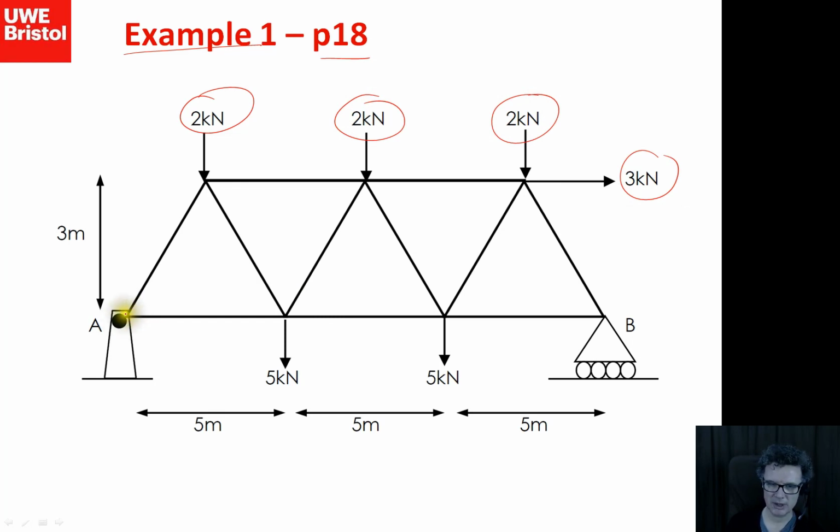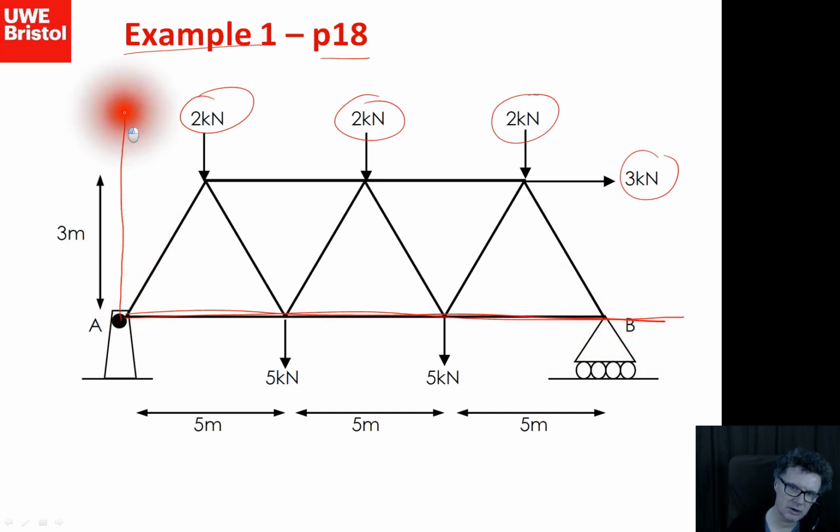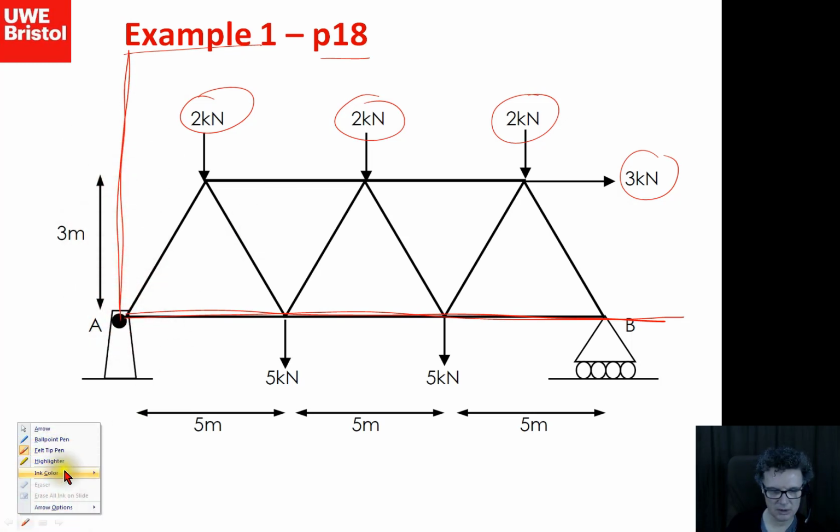To tackle a problem like this, you want to think in terms of there being almost like a beam here in the x direction, and then another one in the y direction. And what you want to do is take your forces. Let's go for a nice yellow.